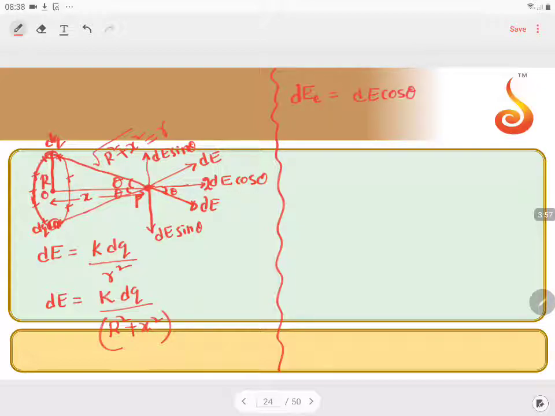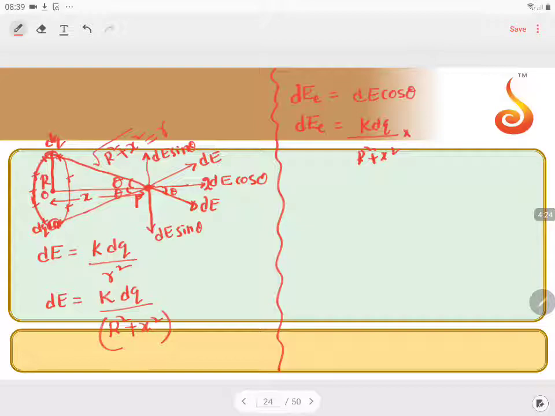If we consider 2 dE cos theta, then we have to integrate only for half of the charge. If we take dE cos theta, then we have to integrate for the entire charge. So effectively each element will produce only dE cos theta amount of electric field. So dE effective is equal to k dq divided by r square plus x square into cos theta.